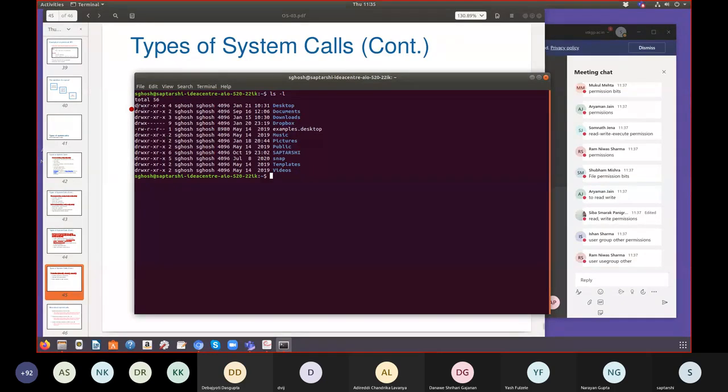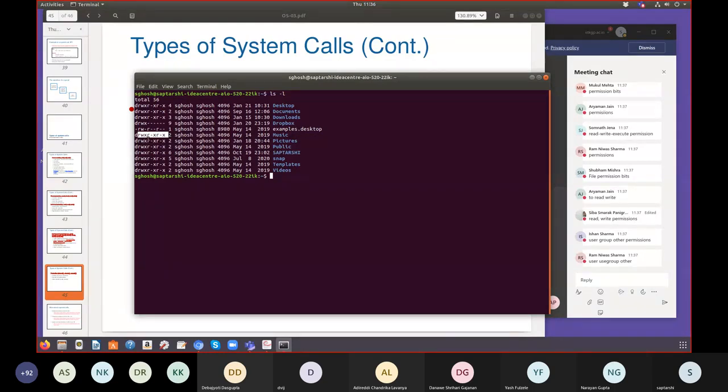So the first three are permissions for yourself, the user. The second three are permissions for your group. And the third set is permissions for other users. So see this one which I am highlighting. This says that you have the permission of read, write and execute.